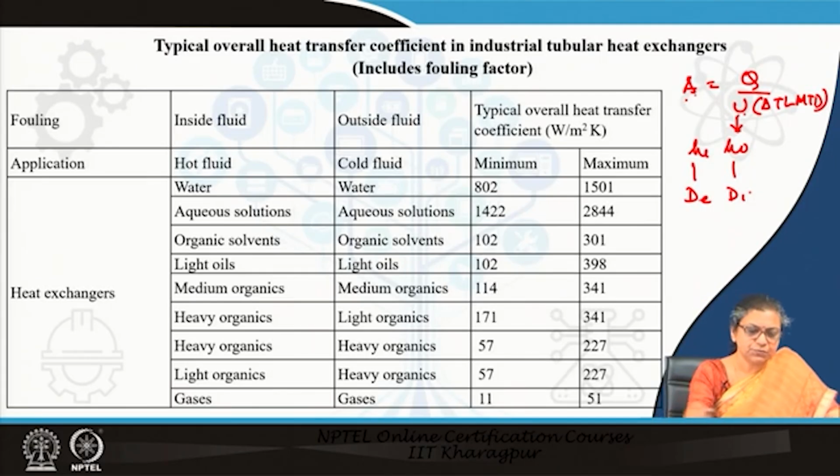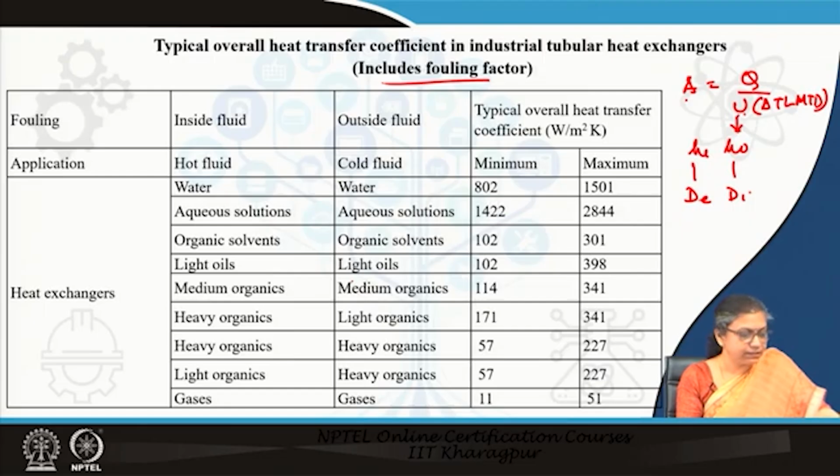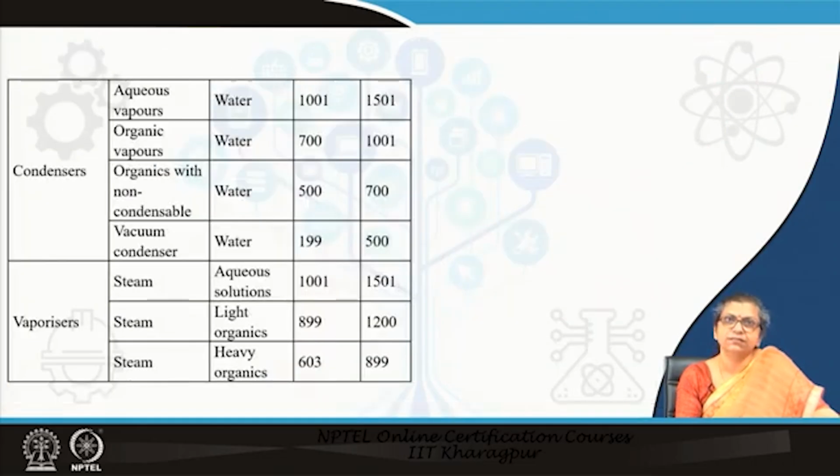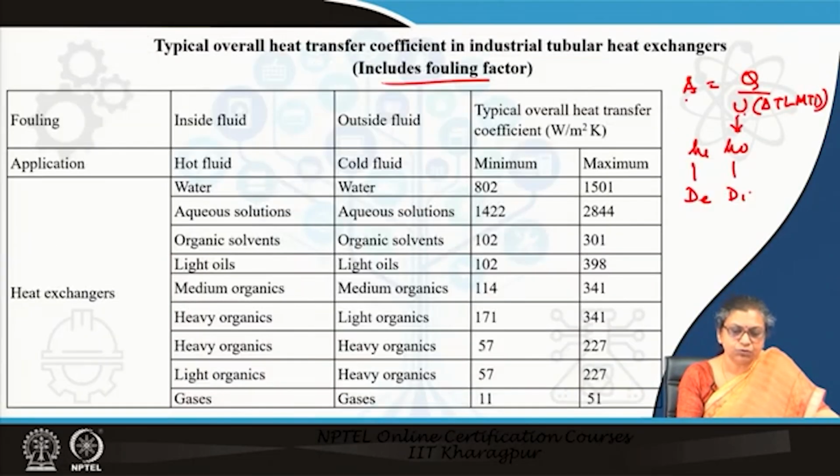So, therefore, what is provided here are some typical overall heat transfer coefficients in industrial tubular heat exchangers, including fouling factor, for say heat exchangers, coolers, heaters, condensers, vaporizers, etc. So what you can do is that initially, based on the application, you can select the overall heat transfer coefficient, some average between the minimum and maximum.